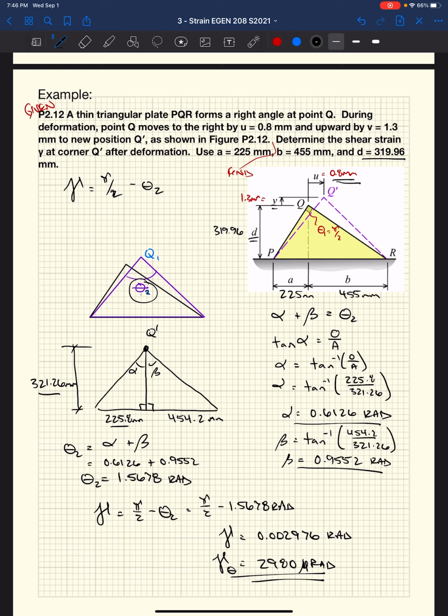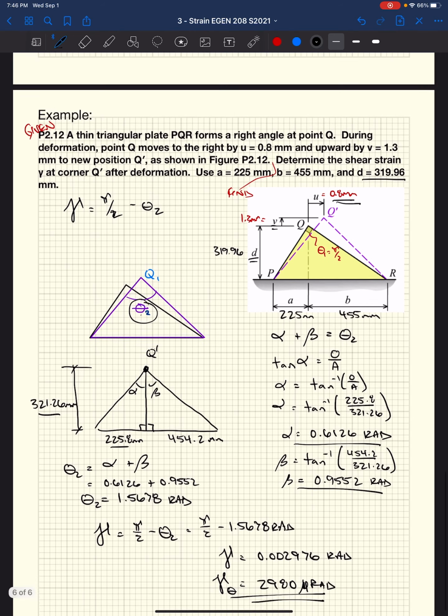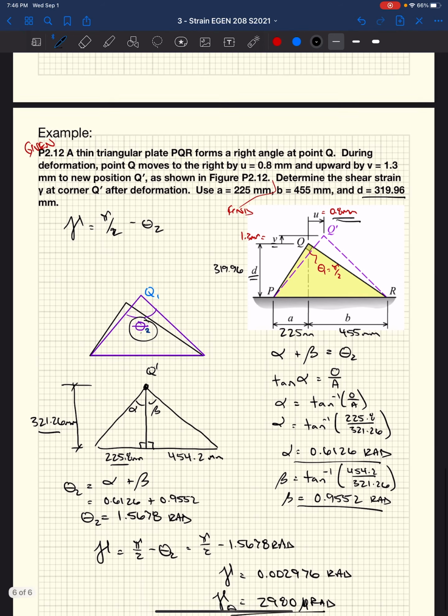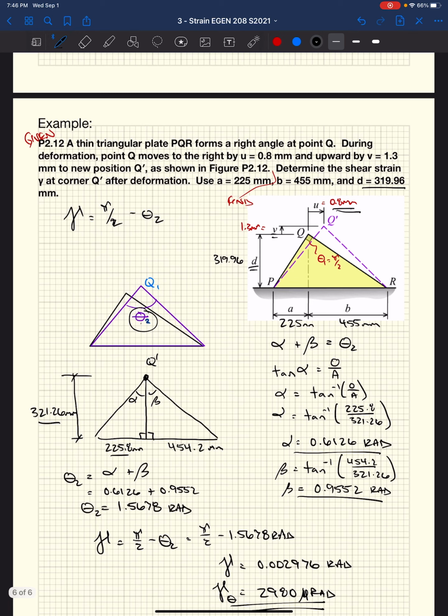That is the shear strain at Q. So essentially, shear strain is a change in angle at a given location. In our case, the corner Q. All right. So that is strain.